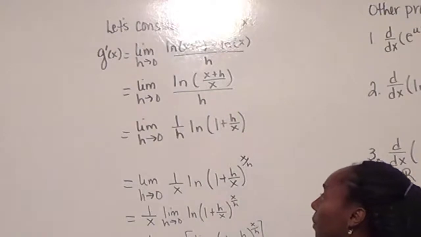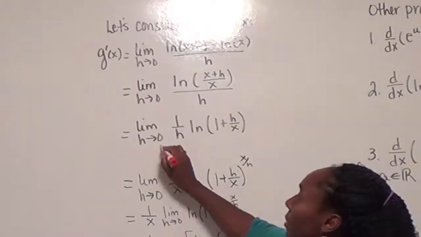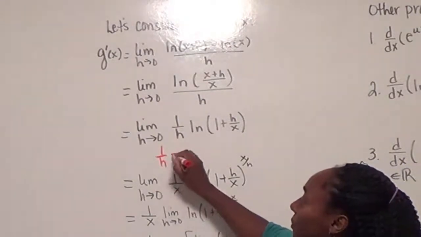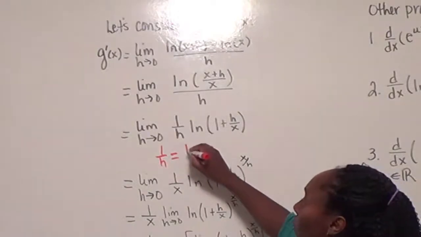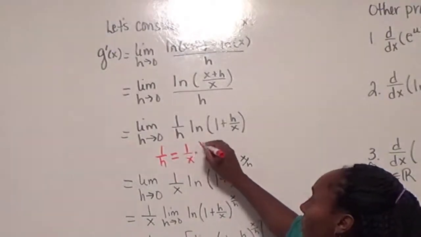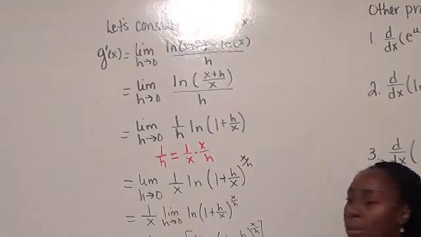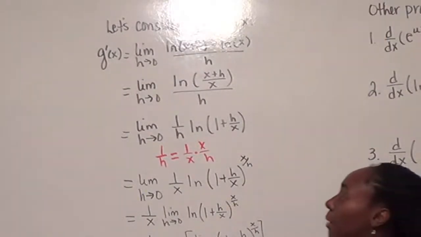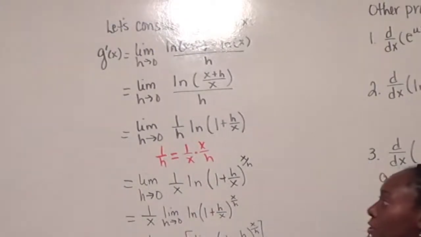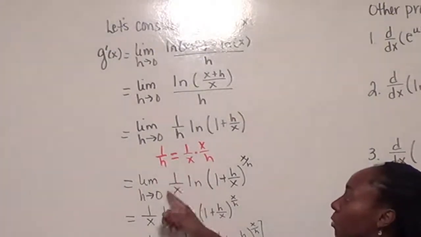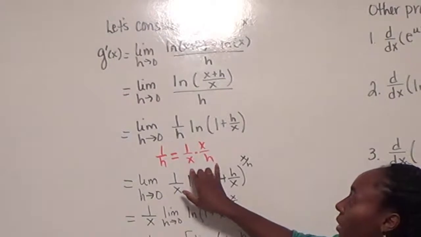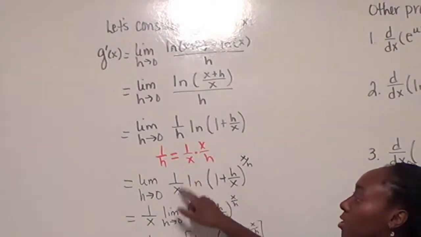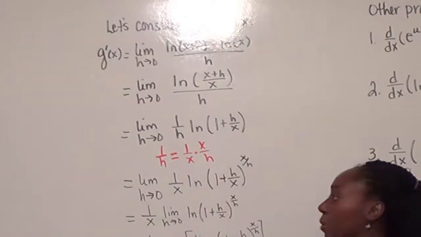To do that, I'm going to treat 1 over h as 1 over x times x over h. It doesn't seem like it's really important to do that, but it helps us rewrite our function. So now, by our logarithm properties, coefficients can be brought up to exponents.